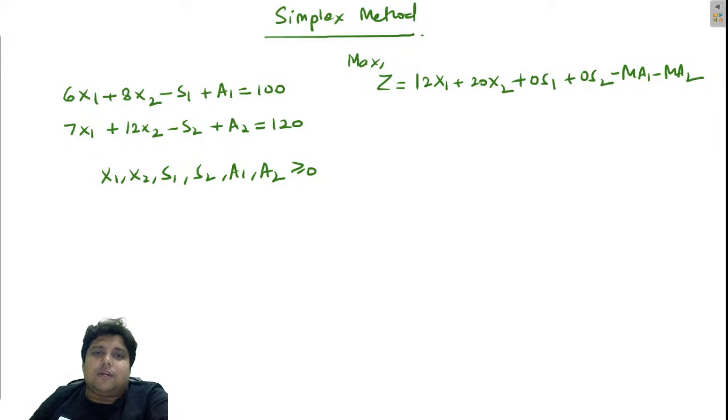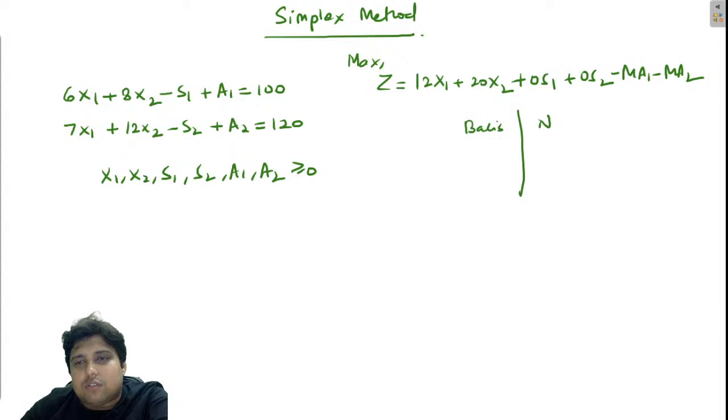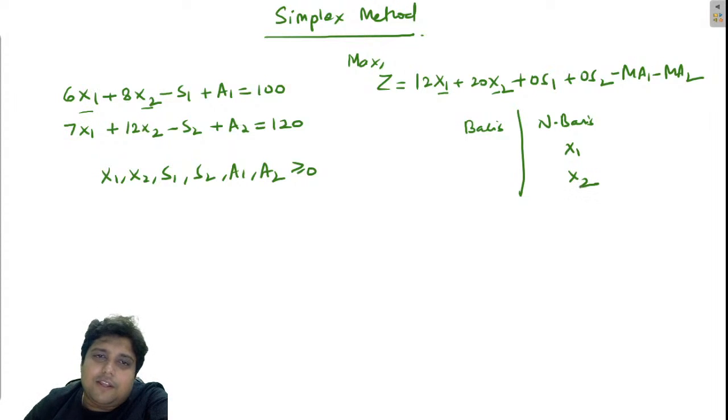So now guys, let me tell you one thing: for the first iteration we will have to select basis and non-basis. x1, x2 cannot be basis for the first iteration, so they will simply go to the non-basis category.